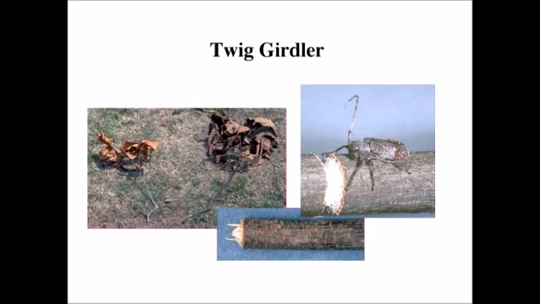Now, twig girdlers aren't really borers, but these are long-horned beetles, and I wanted to mention them because in the landscape, in the home landscape particularly, I think you're going to see this and get some calls on it.